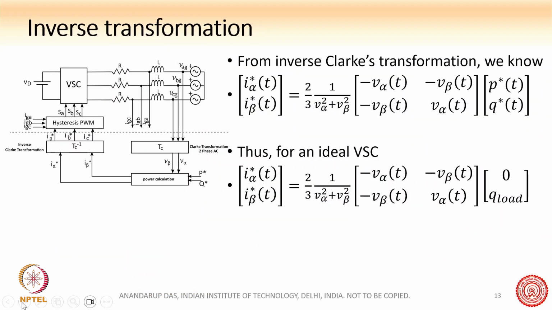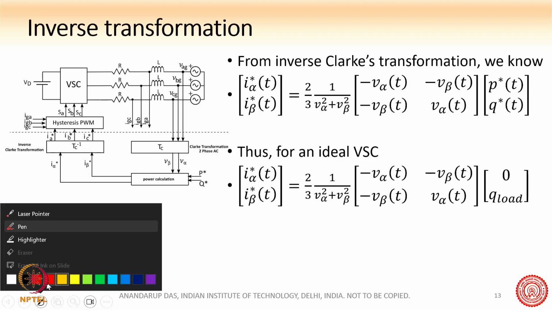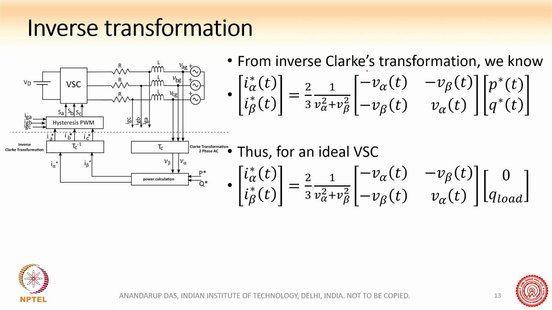So the next step is finding out the reference currents for the VSC, I alpha star and I beta star. So this Q star is nothing but the Q load.